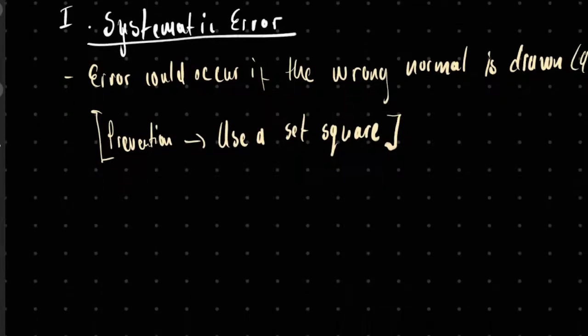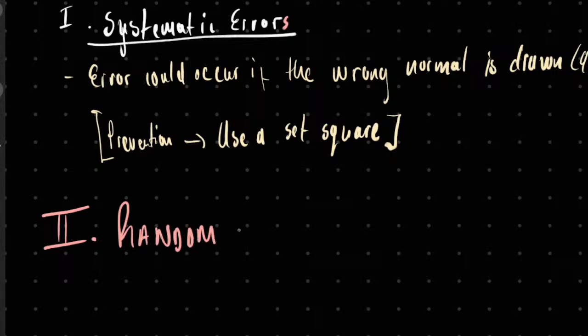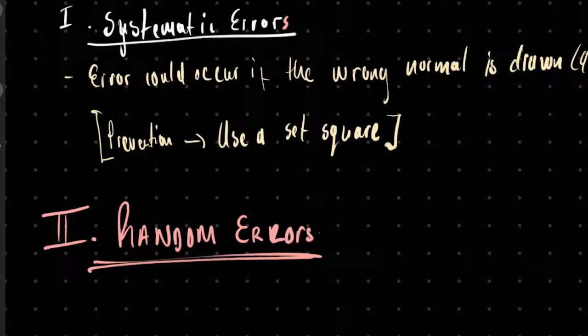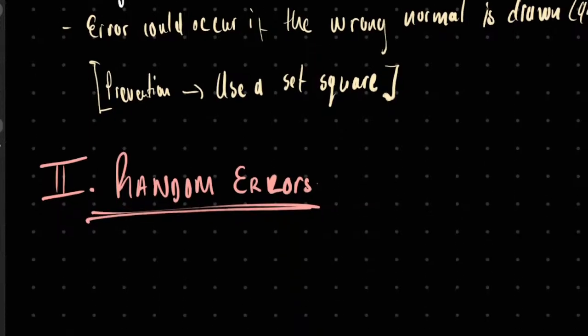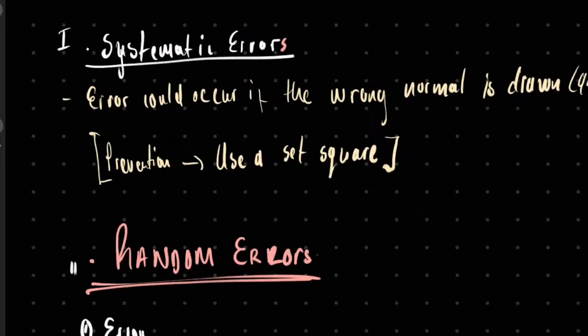What about random errors? What about random errors, students? Error could occur if what? Number 1, random errors. No, we're still under the second thing here.